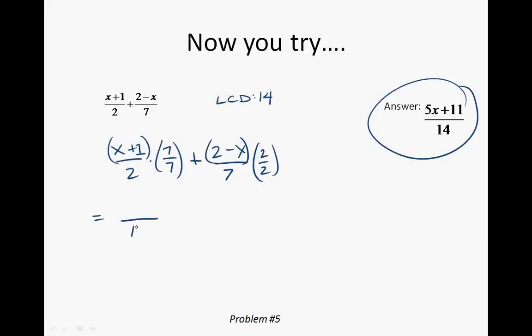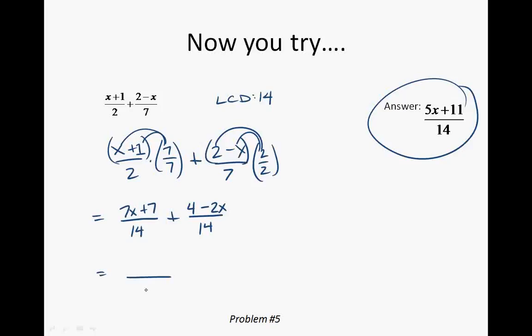Alright, the first fraction over 14 is going to be 7x plus 7, and then plus the second fraction over 14, where we distribute the 2, so 4 minus 2x. Now we can combine.